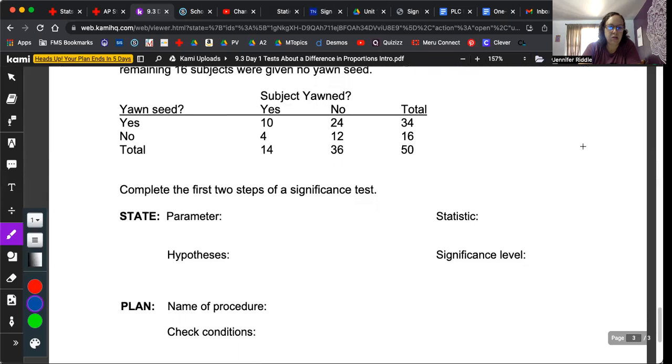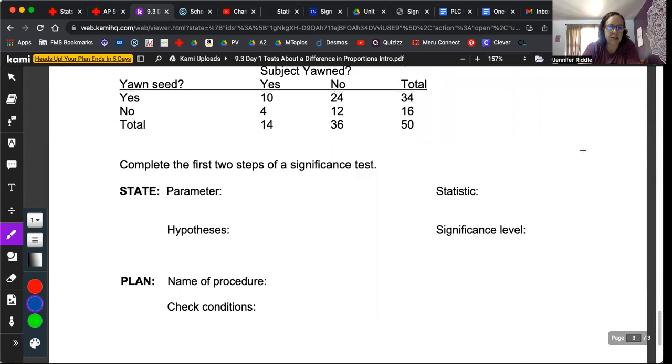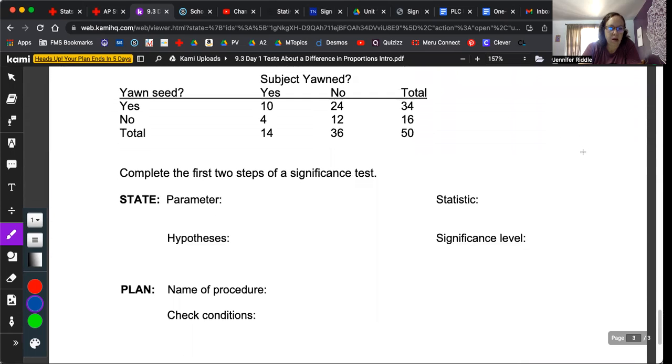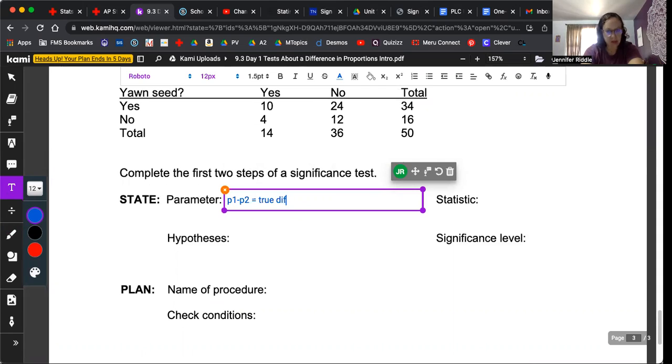So we're asked to complete the first two steps of the significance test. So my parameter, what am I interested in finding? My parameter is p1 minus p2, which is the true difference in proportions of people who would yawn.